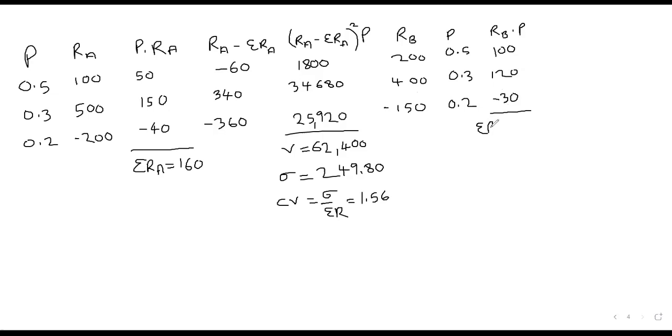When you total up, the expected return for asset B this time. What do you have? 190. Next, what do we do? We subtract 200 minus 190.